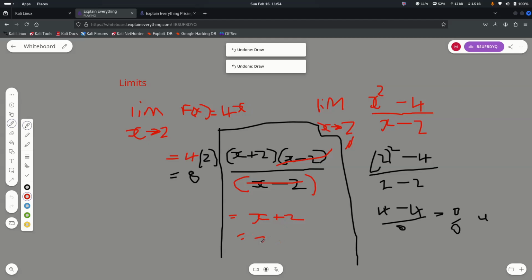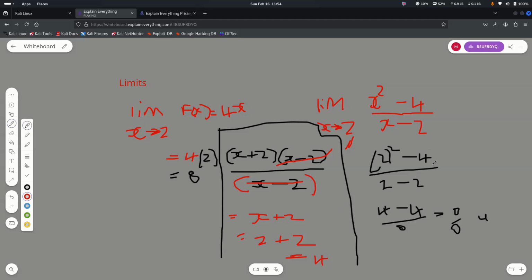We are going to have 2 plus 2, which is 4, meaning our limit is approaching 4. You see, this is how you can get the correct answer.